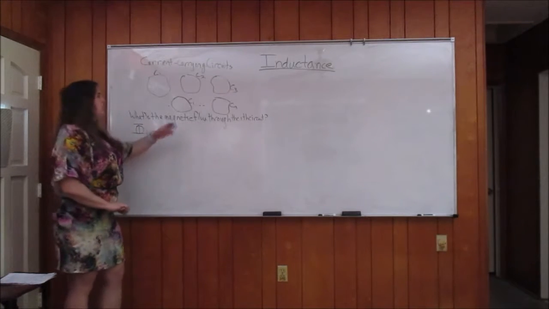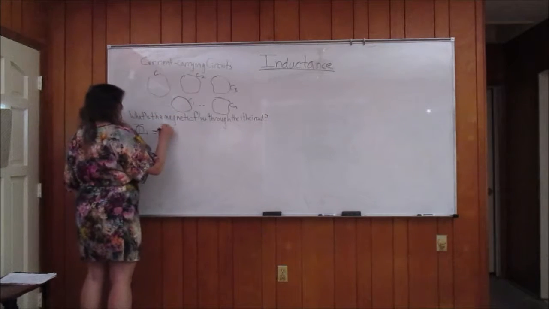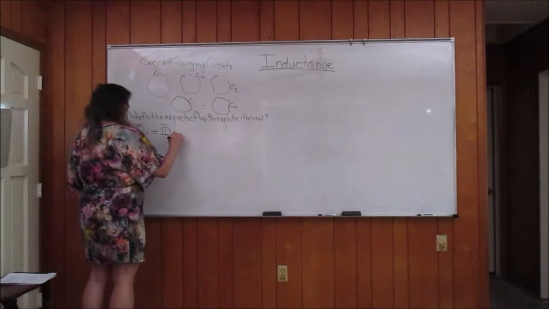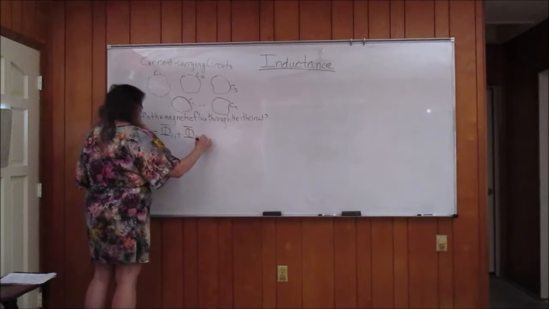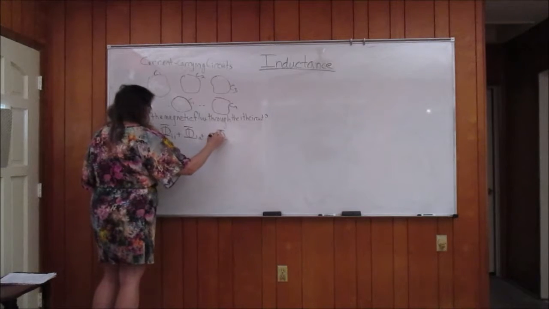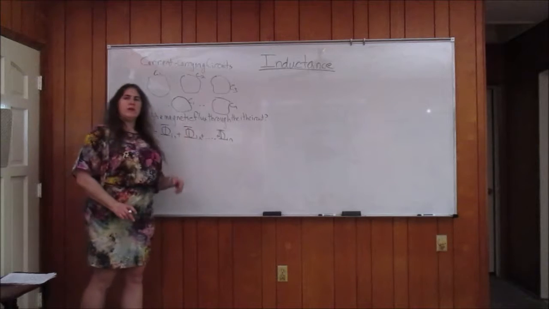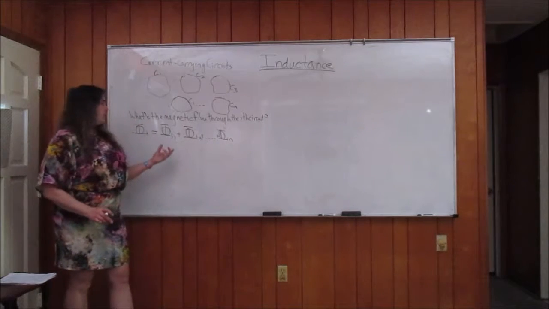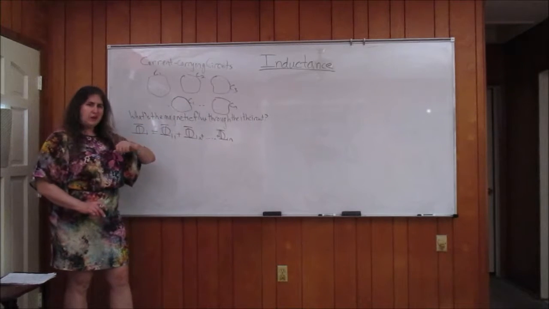So that's due to the flux from all the other circuits. And notice here when I've added up the contributions from each of the circuits, I did not exclude the contribution from the ith circuit itself.